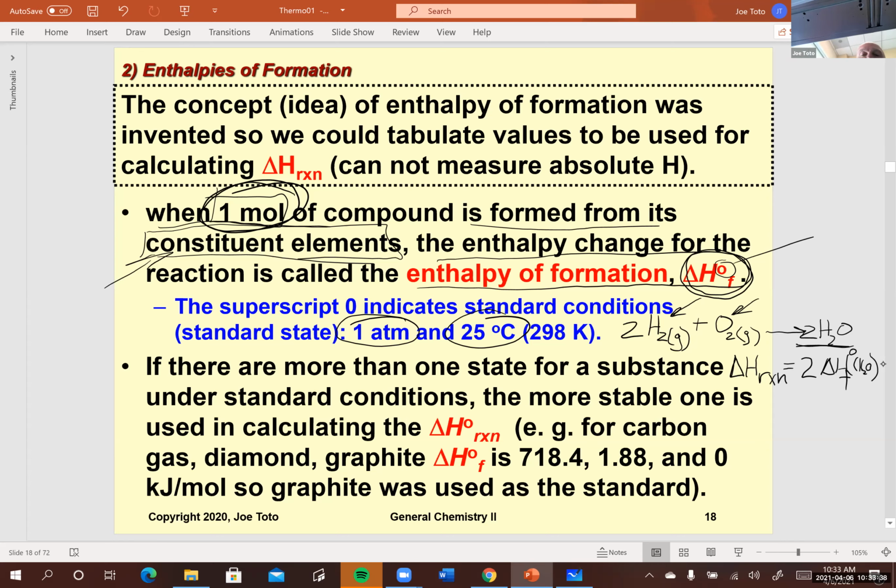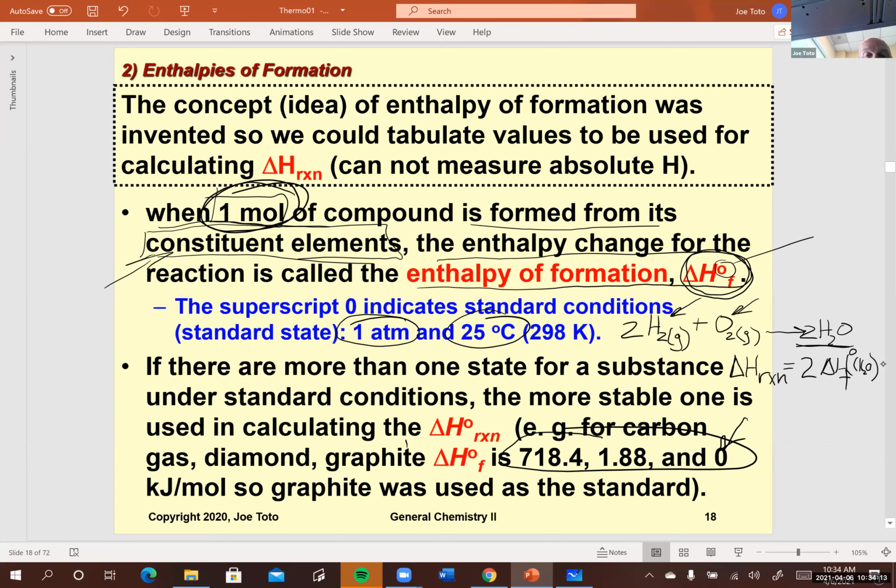So what happens when some compound or some element has 3 different forms, like carbon does? Which one are you going to use? Which one is the standard? So when an element under standard conditions has more than one way to exist, they take the one with the least amount of energy and assign that to be 0, right?